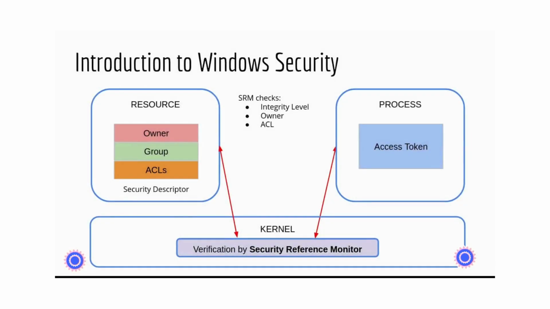Let's start with a discussion about Windows security. The Windows security model is really complicated, but in a nutshell, it focuses on three important components. On one side, you have system resources like files, directories, or registry.